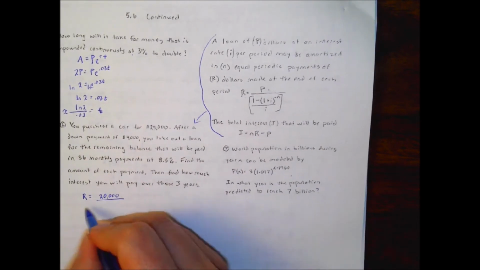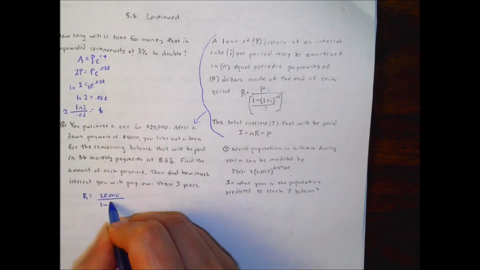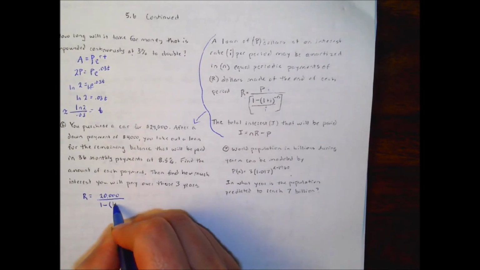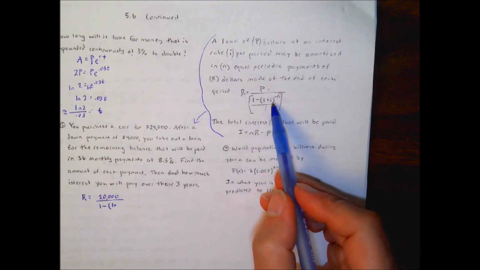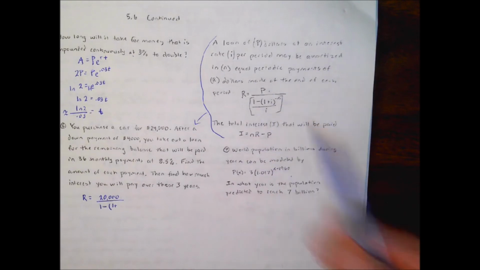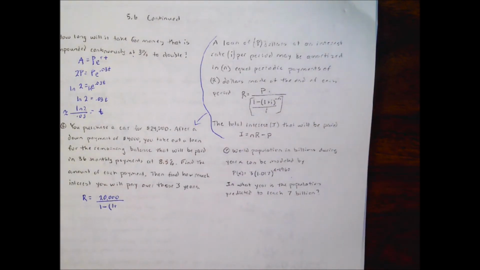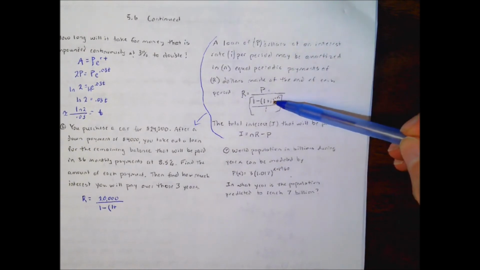We have 1 minus 1 plus i, the interest rate per period.